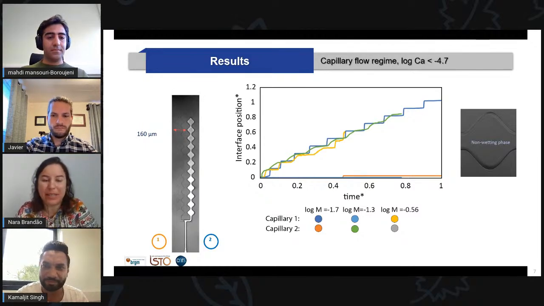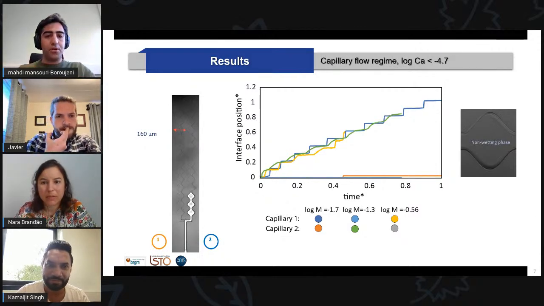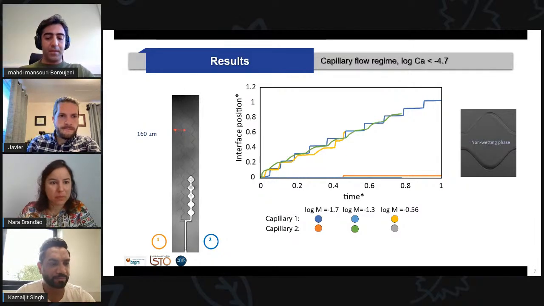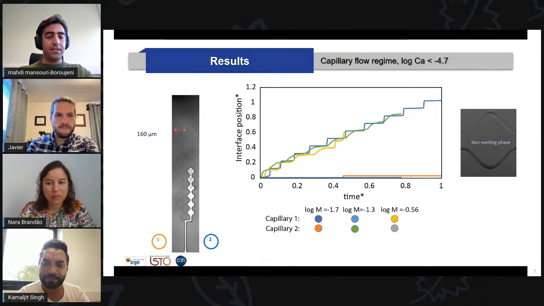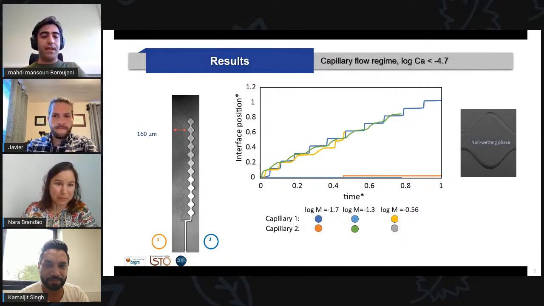Great, and I just want to ask you a quick question from my side. Have you evaluated the influence of pore space heterogeneity in your model? So for now, we just wanted to have a completely homogeneous porous media to have the idea of these identical daughter channels as a pore doublet model. But definitely the effect of heterogeneity could be very interesting, especially when the front has passed and some of the pores have not been invaded.